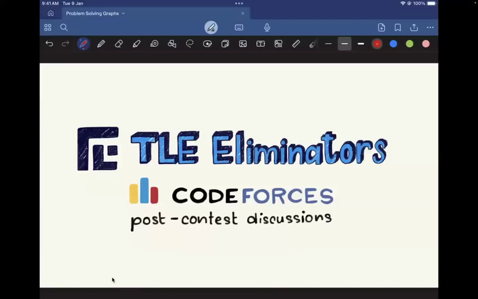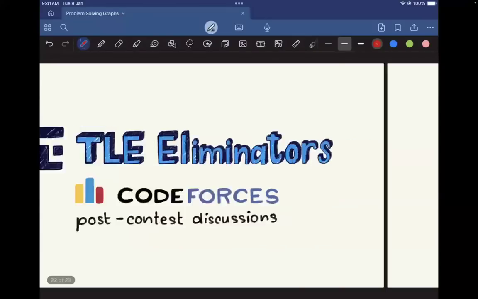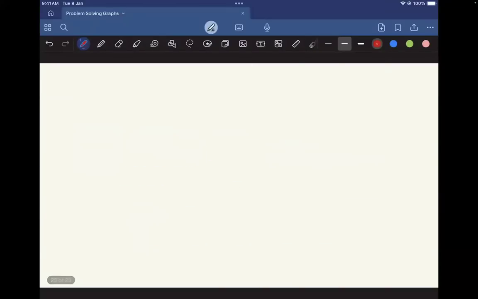Okay, so what does the problem say, guys? Let me just show y'all. The problem says that you are given an n and k, and in one operation, you can take any non-negative x, x greater than or equal to 0, and make n minus equal to k raised to x.